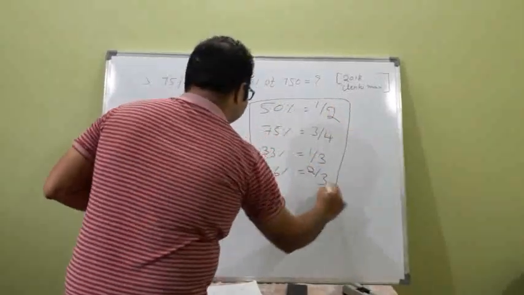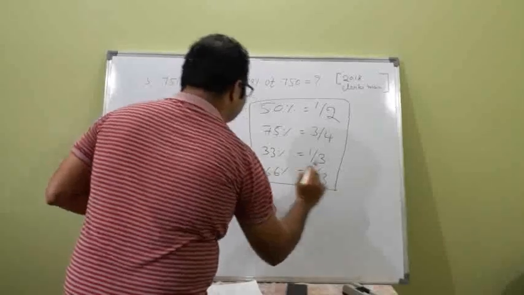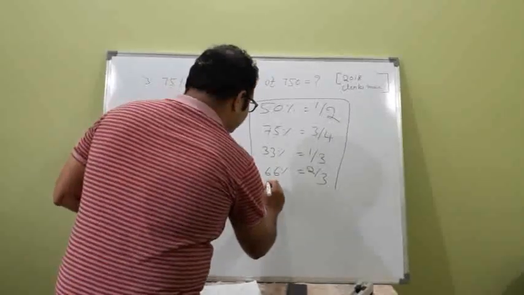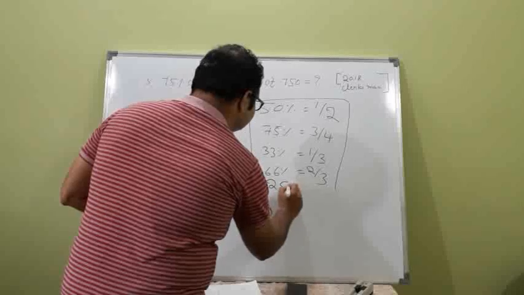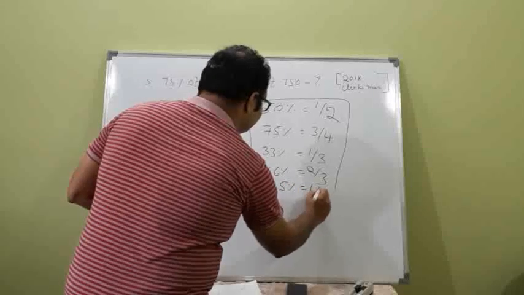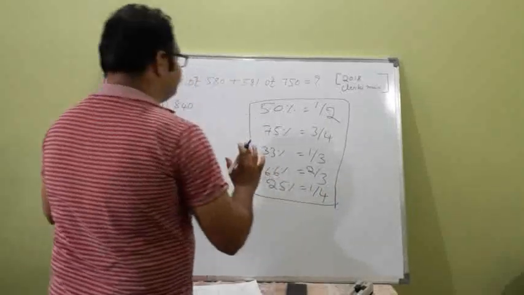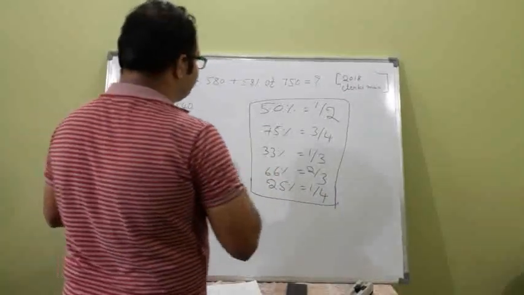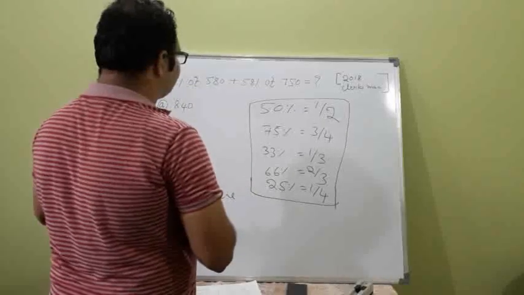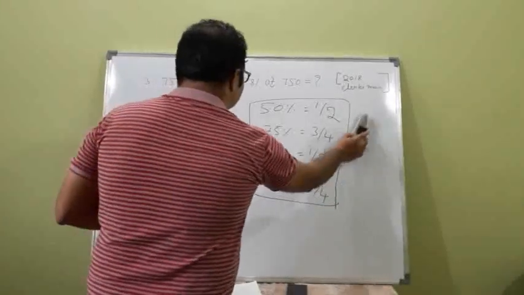These four things we need to keep in our mind to save time, and 25% is 1 by 4. Okay, these five things we need to keep in our mind to save time. Let's solve the problem.